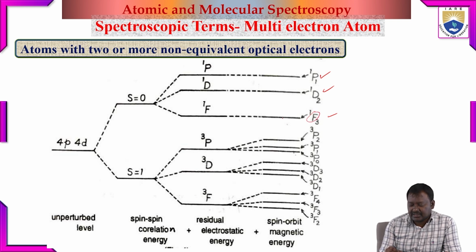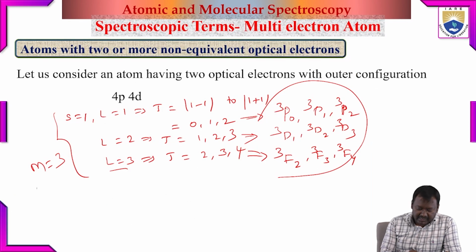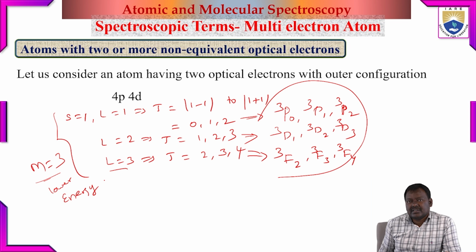So L equal to 3, L equal to 2, L equal to 1. Higher L value has lower energy. And these are the triplets, so lower energy, then singlets. If S is higher, energy is less.